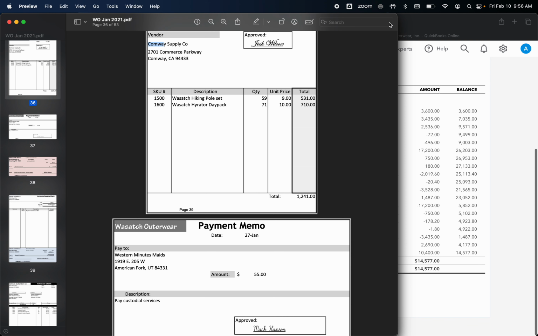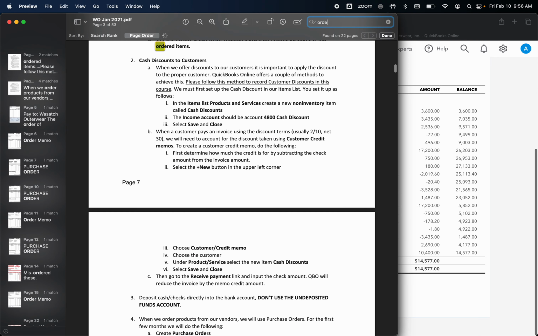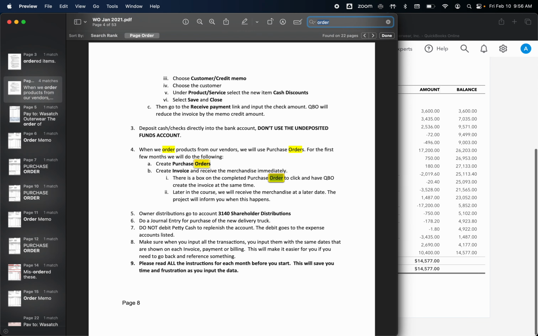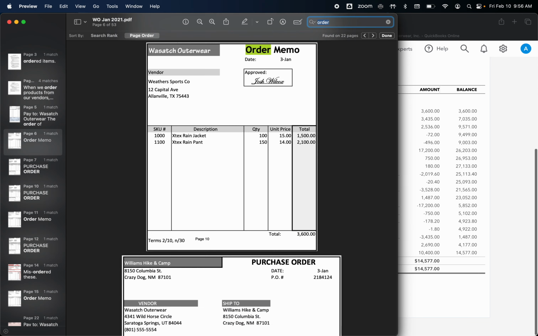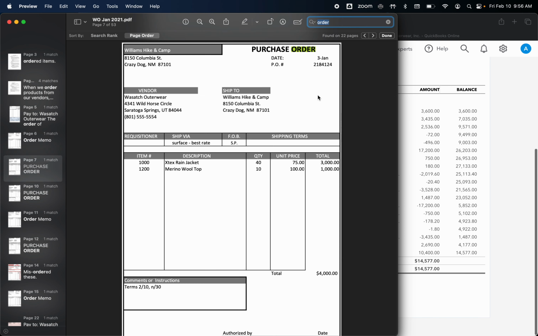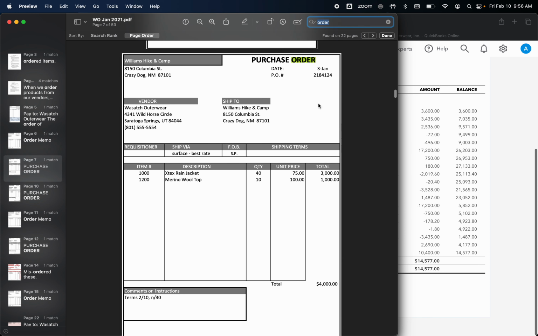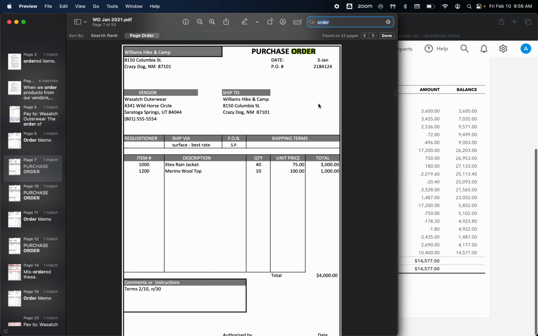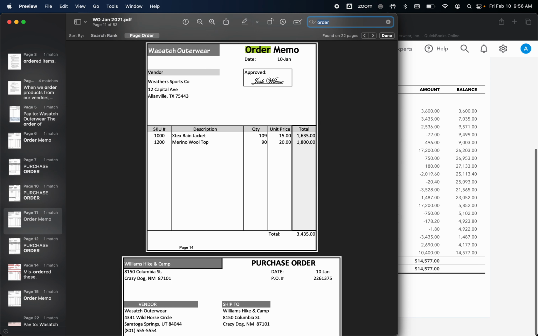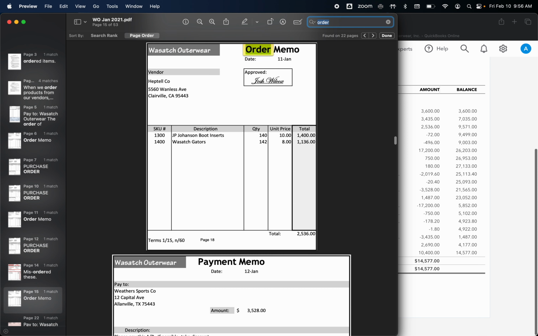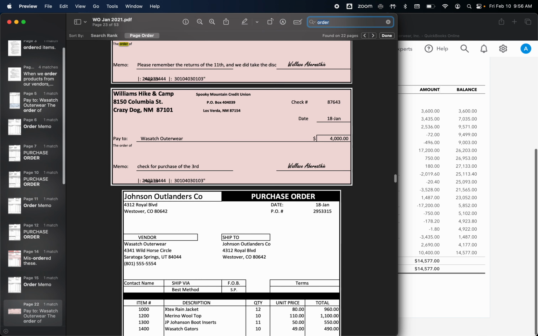What other things should we have on our order memos? Order memo 3600 check. Order memo 4000. Oh, that's a purchase order, not order memo. 34 check. Order memo 2536 check.